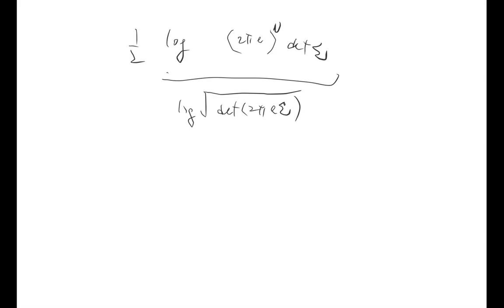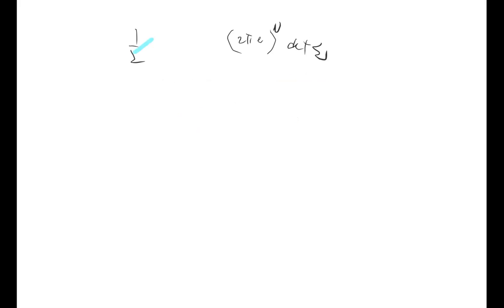So anyway, one last thing to talk about regarding the Gaussian: the Gaussian is important, as you know, because of the central limit theorem.